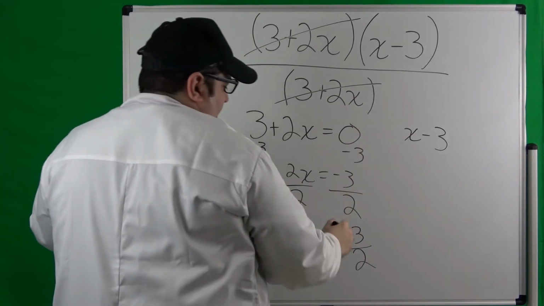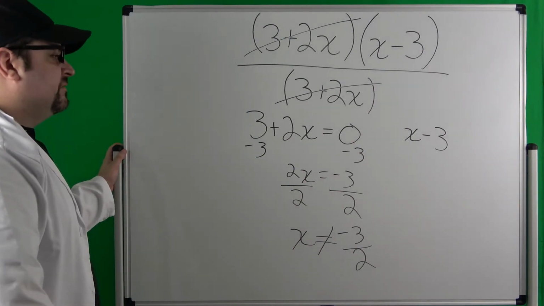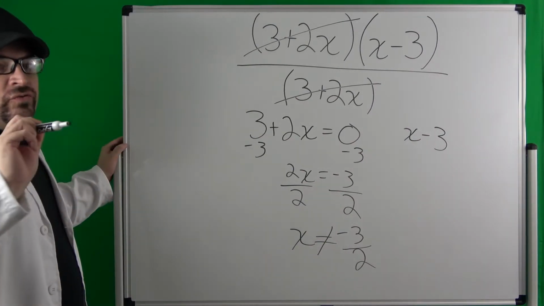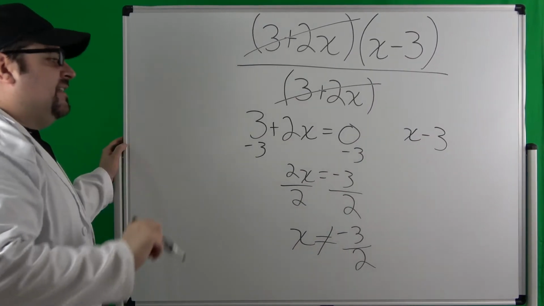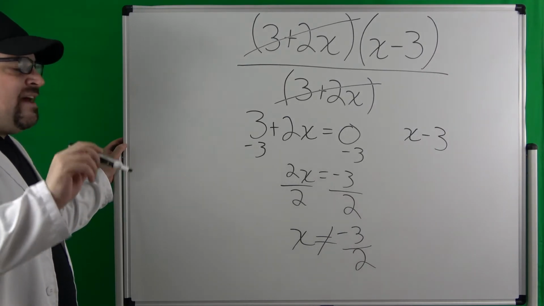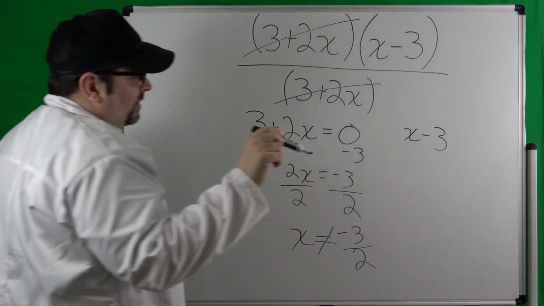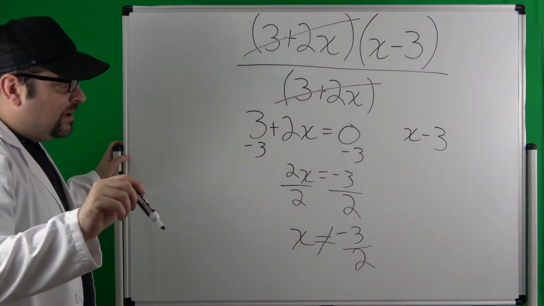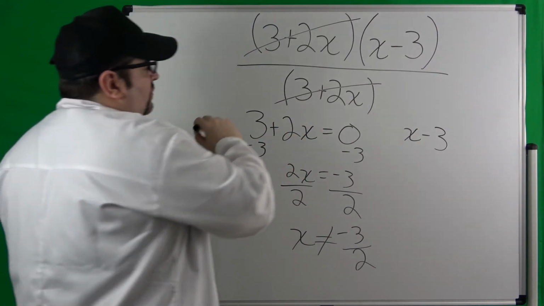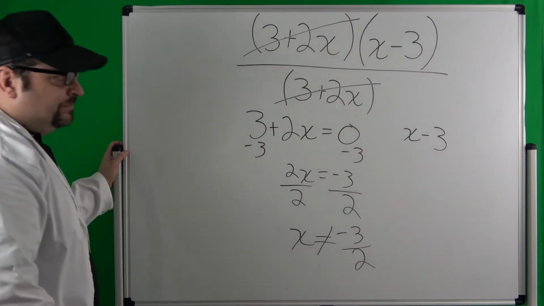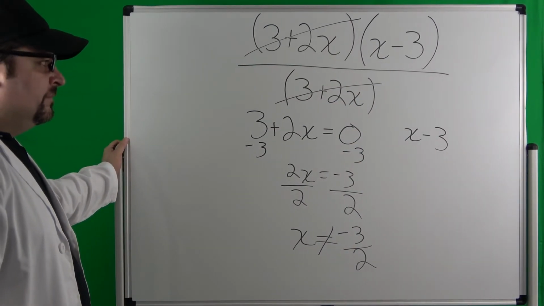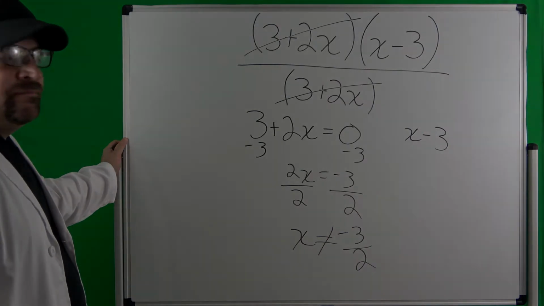And then x could totally equal negative 3/2. Well, do not get tricked when it comes to that. You have to first set the denominator equal to 0 before you cancel out like that. And that's all there is.